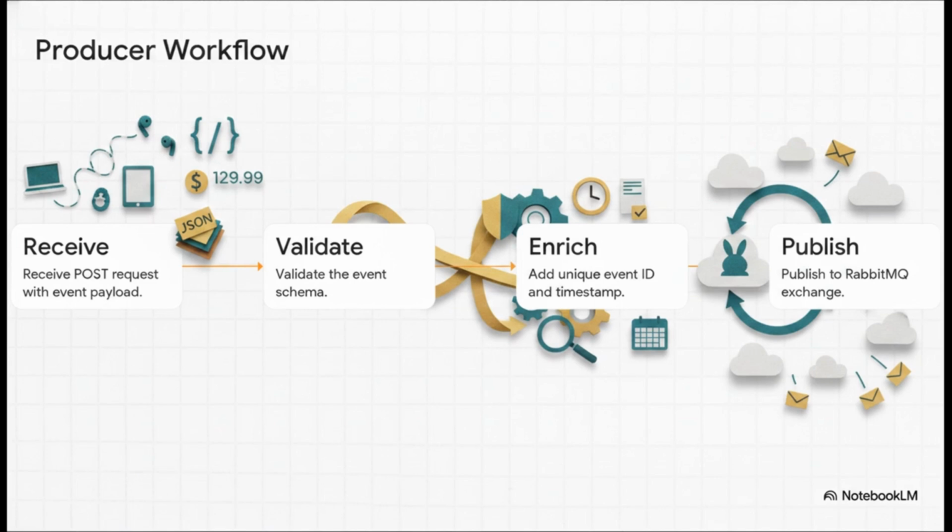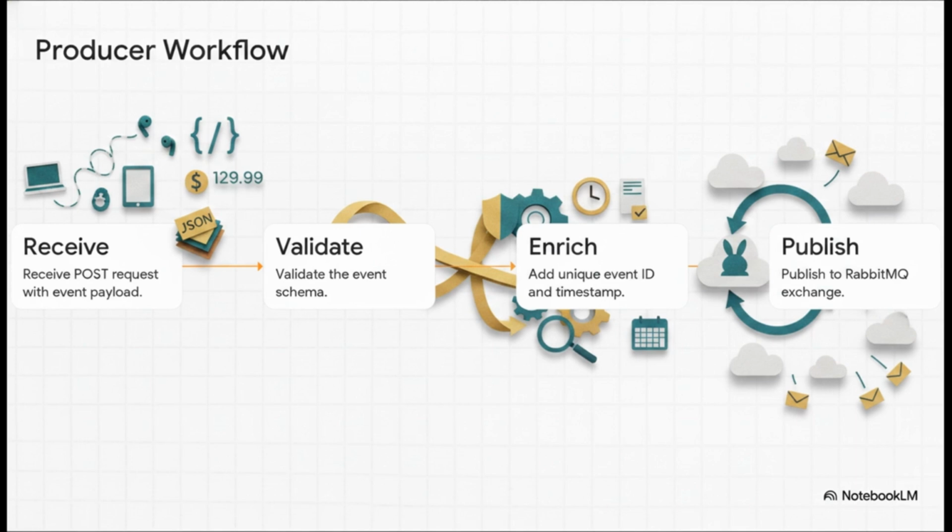Let's actually follow the data by tracing a single payload. Our producer service exposes a specific endpoint, a POST request to /api/products/events. Let's say a merchant creates a new pair of wireless earbuds for $129.99. Step 1, the producer receives this JSON payload, simulating a product created event. Step 2, it validates that request against predefined schemas to make sure we actually have the required fields, like the product ID and the price.